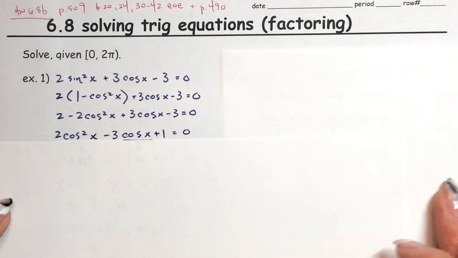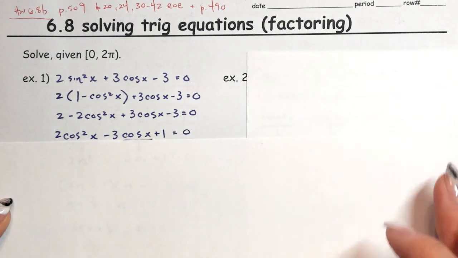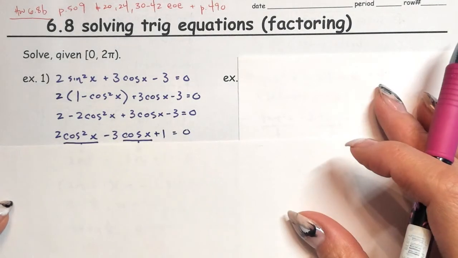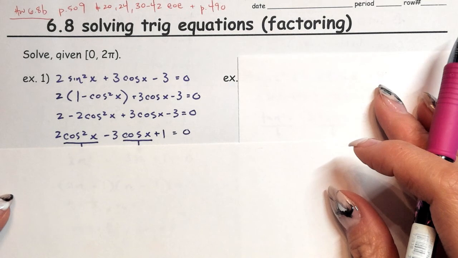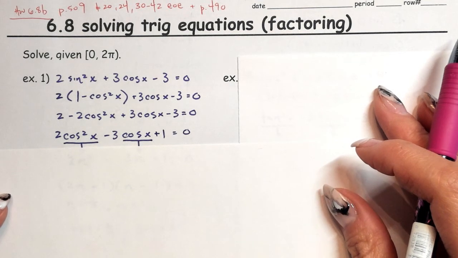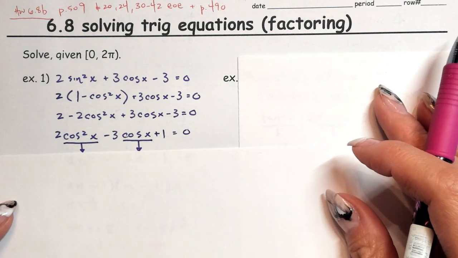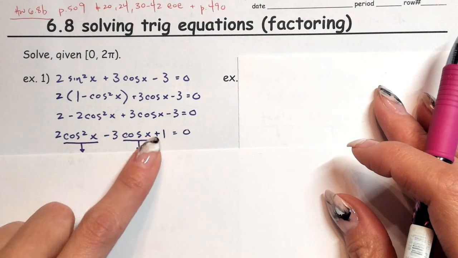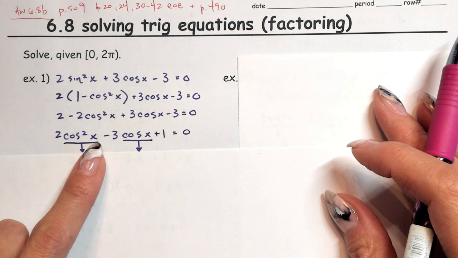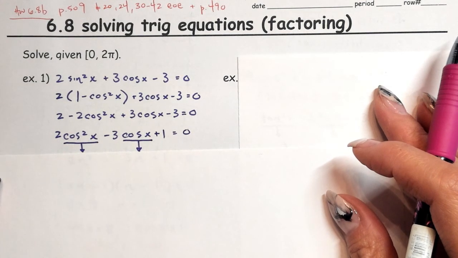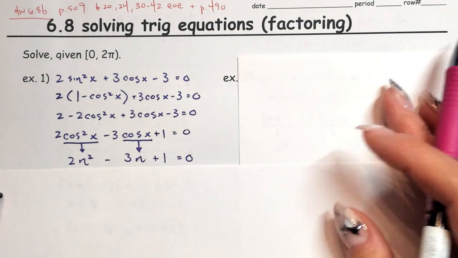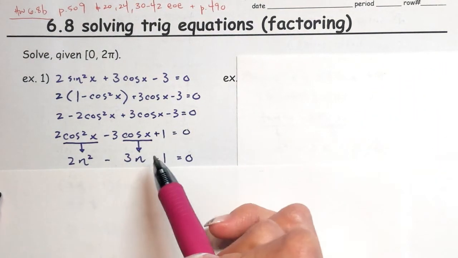But just for this first example, you're going to go ahead and replace, so you can really see what's going on. You're going to replace cosine x and cosine squared x with another variable. I chose n for Nancy.